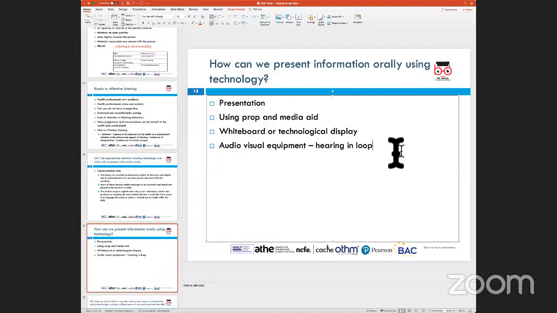Sometimes, alongside the use of hearing aids, you would also see other equipment which could be useful to display information.